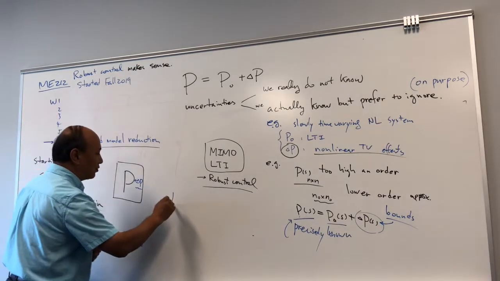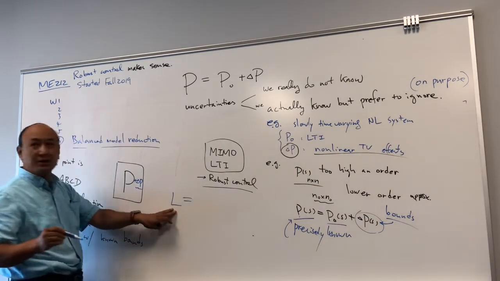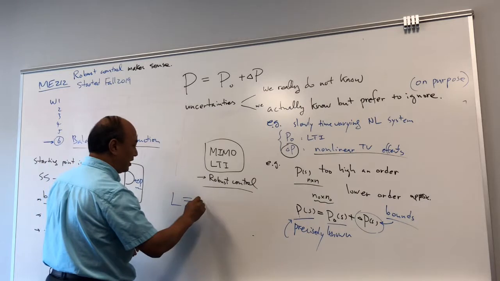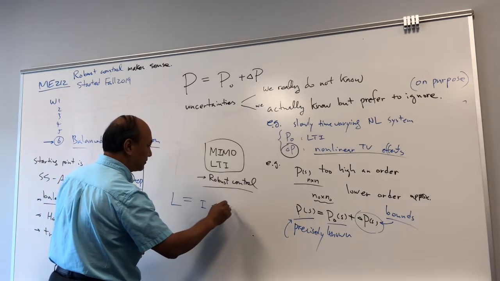So you remember the loop transfer function is I plus Kp, right?